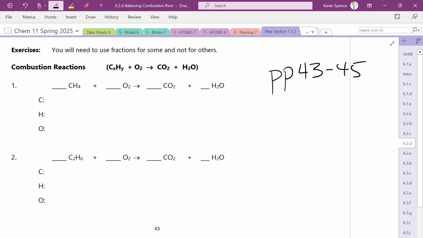Now you're trying to see. You get 8 times 2. And now your carbon here.